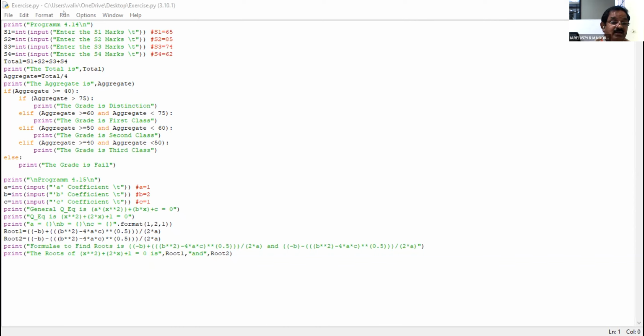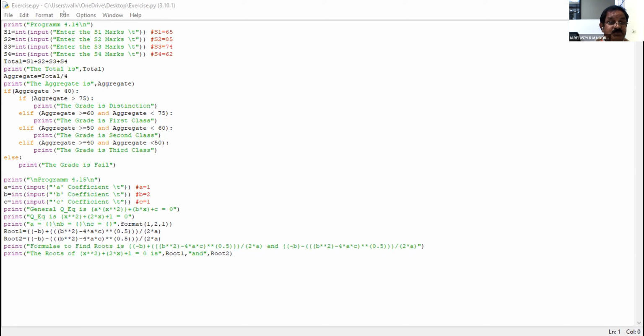So here the problem that has been given: if the aggregate is greater than or equals to 60 and less than 75, print distinction. Greater than 75, print greater than or equals to. You have to make use of if aggregate is greater than or equals to, even with equals to.